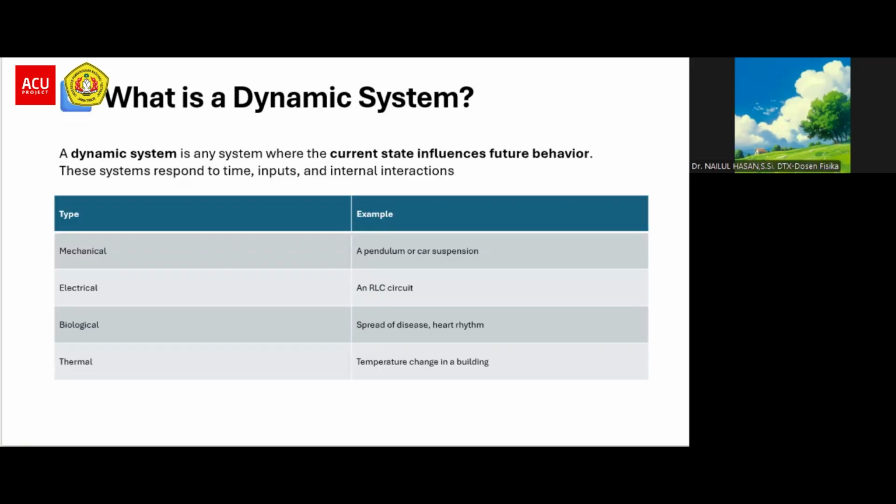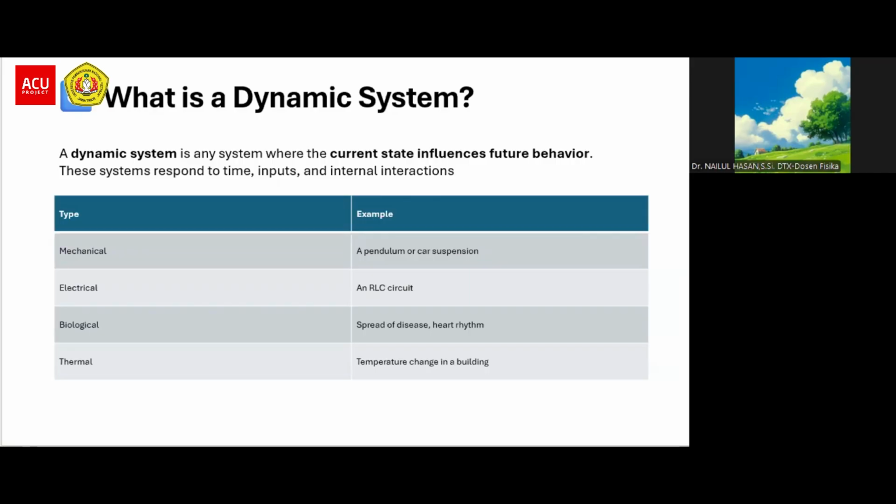What is a dynamic system? A dynamic system is any system where the present determines the future. For example, a car's current speed will influence where it will be 1 second from now. The systems respond to time, to inputs, and to internal interactions.